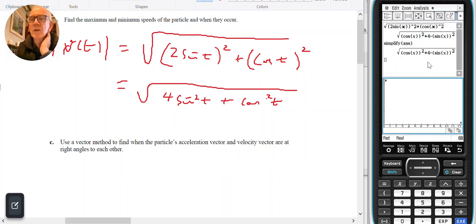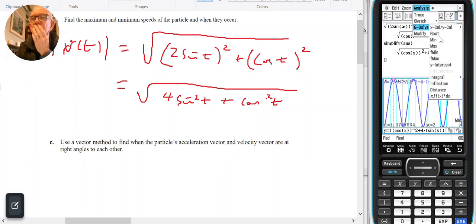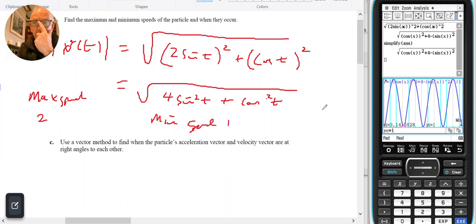Okay, so let's have a little look. Drag and drop, I could go zoom auto. I'm seeing that I have a max of 2 and a minimum of 1. So max speed 2, minimum speed 1.